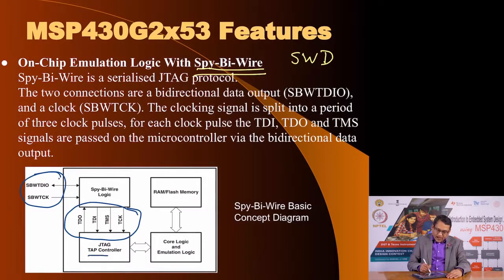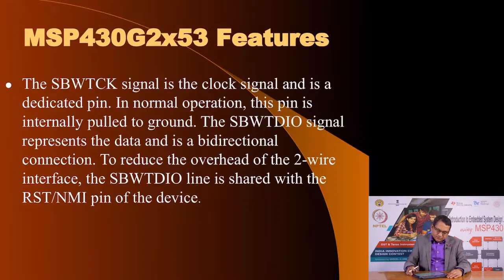You can access that through the Spy-Bi-Wire interface. And the Spy-Bi-Wire interface actually uses 2 pins, one of them is the reset pin and the other is a pin called test, and these pins are renamed SBW clock and SBW data, and using these two the 4 internal JTAG pins are created.